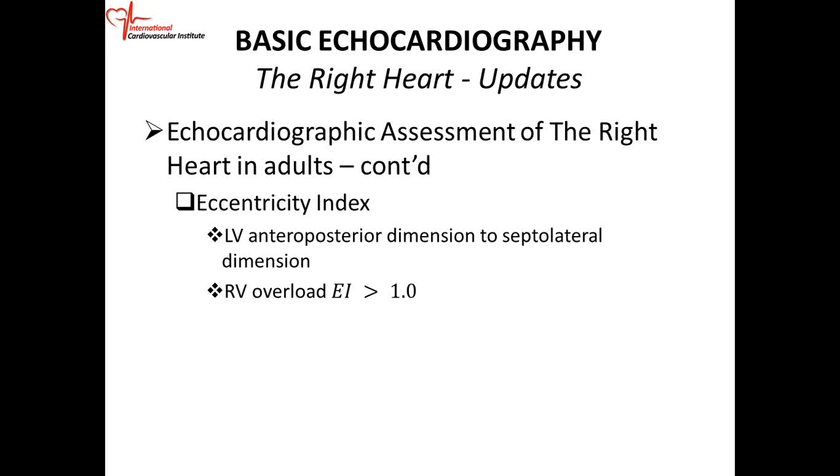So the heart is sort of spherical in the short axis, and the dimension from the anterior to the posterior and from the septum to lateral should be approximately 1.